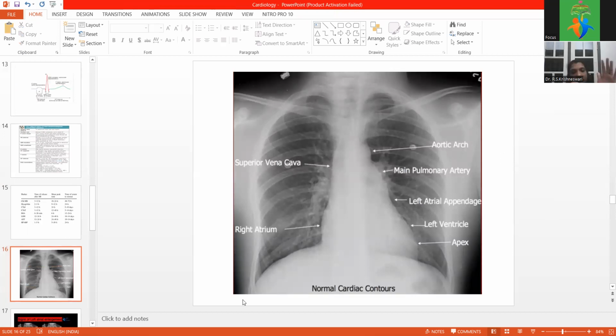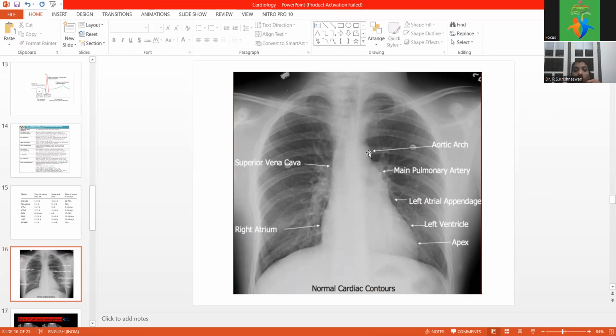Regarding the X-ray features in cardiology, I'm not talking about the lungs, I'm talking about only the cardiac shadow. This is a normal chest X-ray, PA view, that is posterior view.